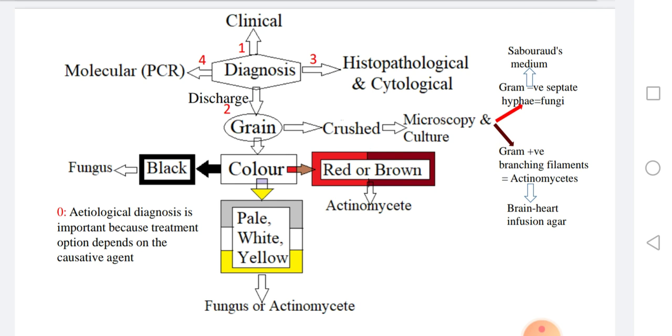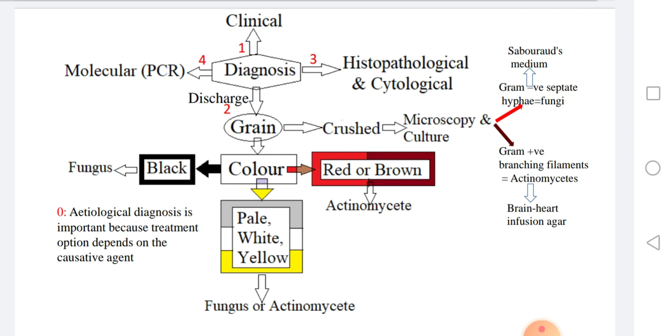Other tool of investigation is the histopathological and cytological diagnosis. You can take a biopsy or a cytology and you process it in that line, and then you see the histopathological changes. Then you can use molecular technology.